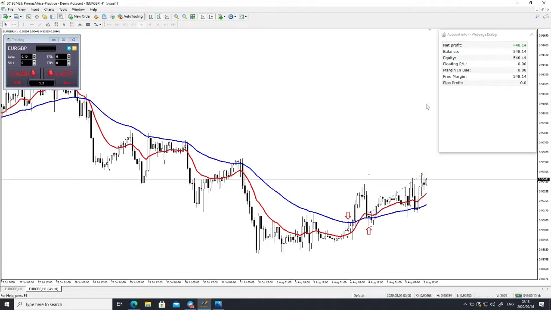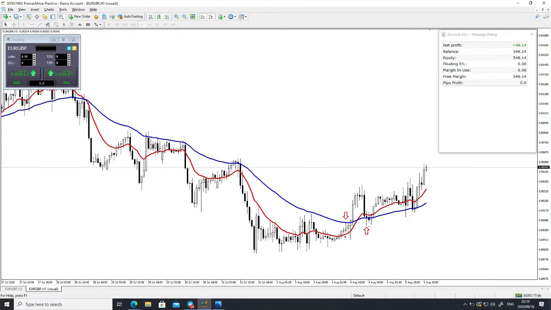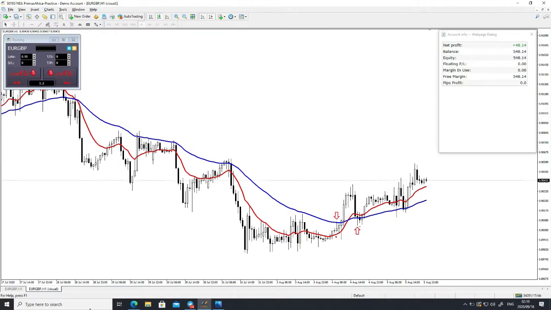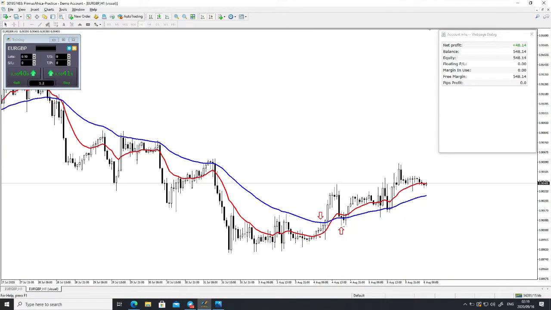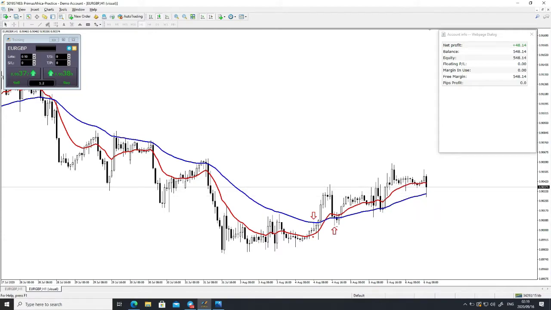And bang! We took profit and we recovered from that $13 loss. So you can stop right now and withdraw your money. Alright, so let's keep going so that you see more examples of the strategy.